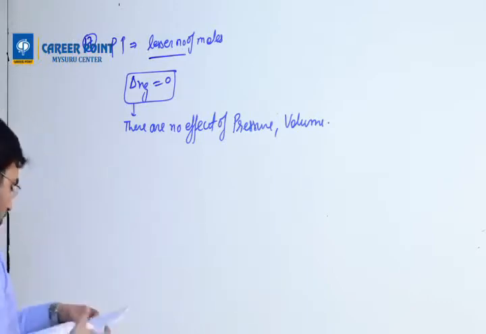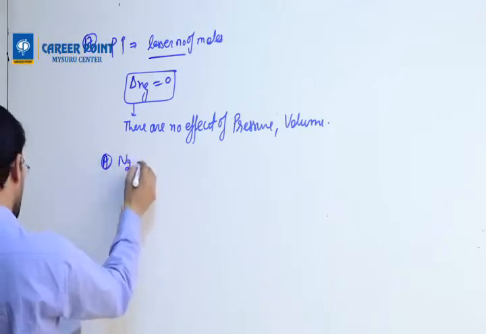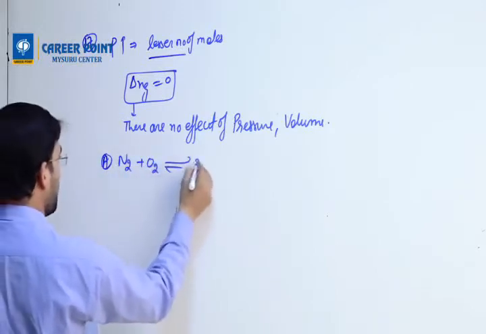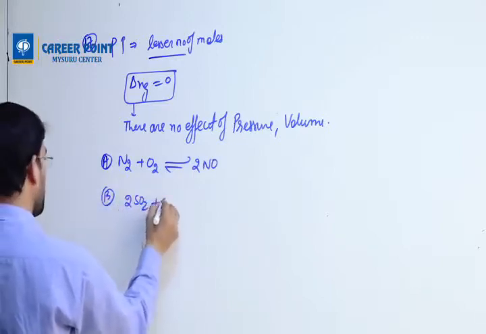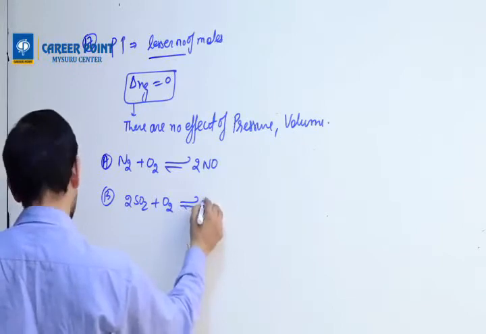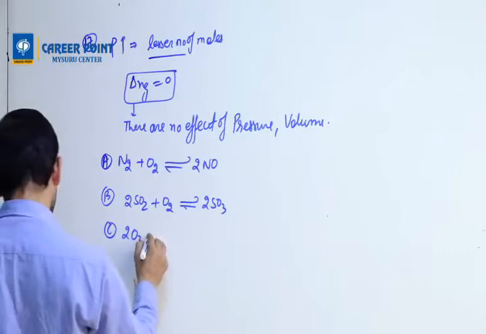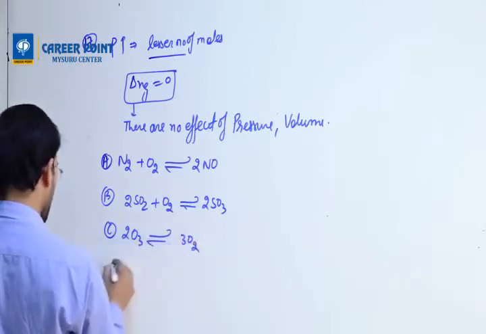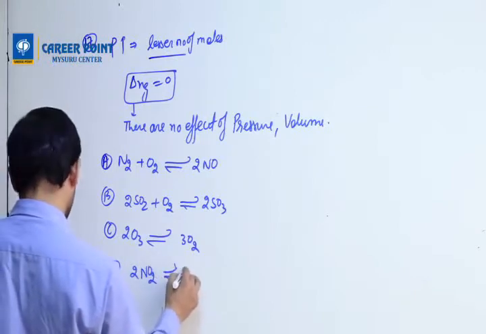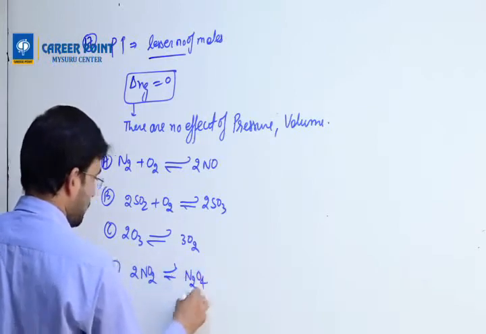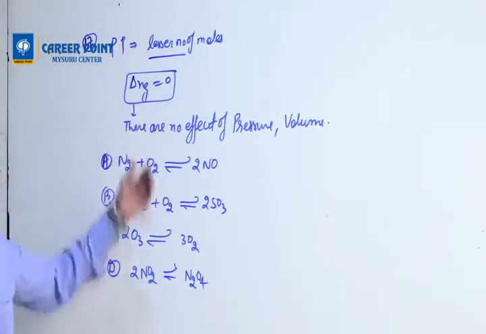So the question: option A is N2 plus O2 gives rise to 2NO. Option B is 2SO2 plus O2 gives rise to 2SO3. Option C is 2O3 gives rise to 3O2. Option D, 2NO2 gives rise to N2O4. Tell me which option has delta Ng equal to 0?